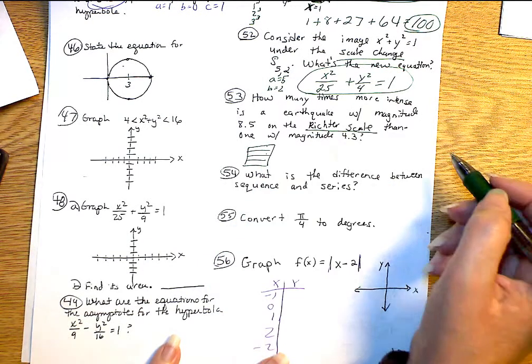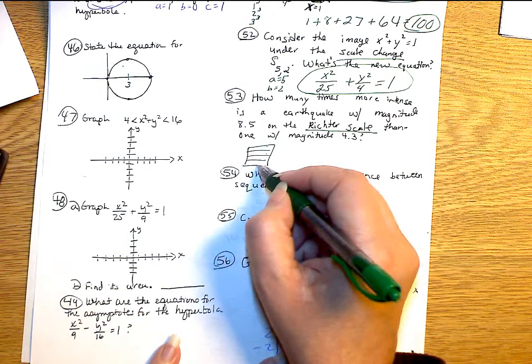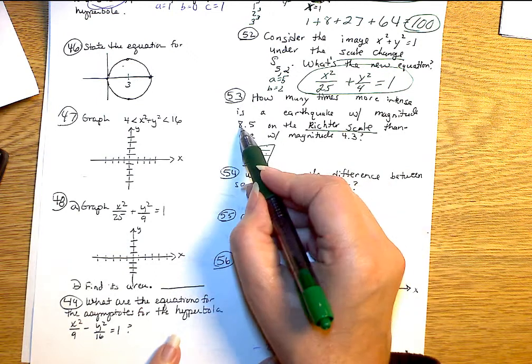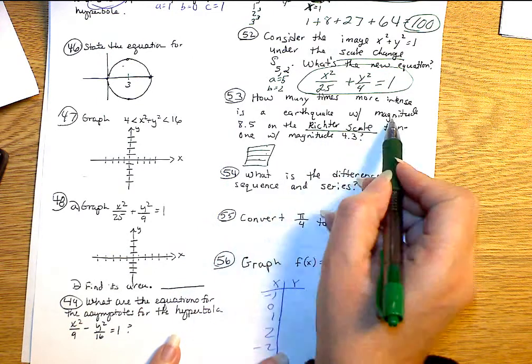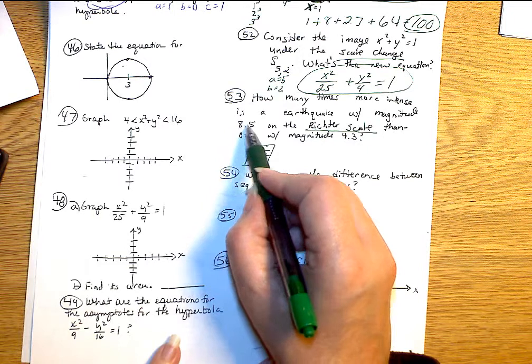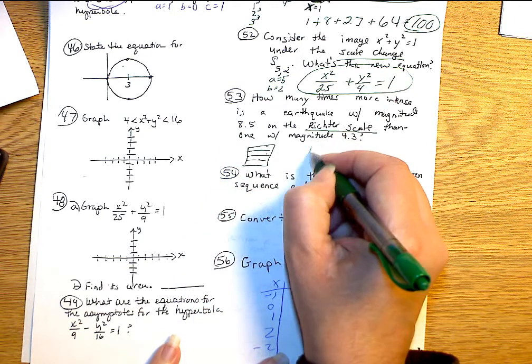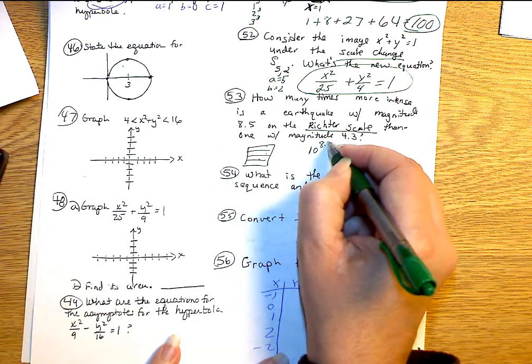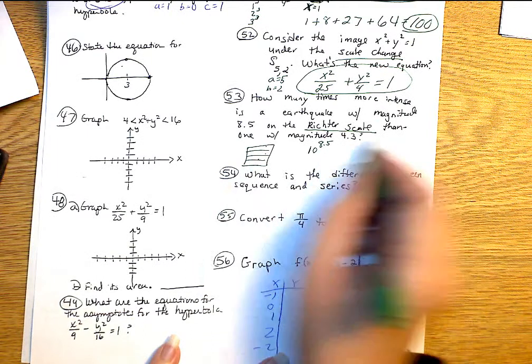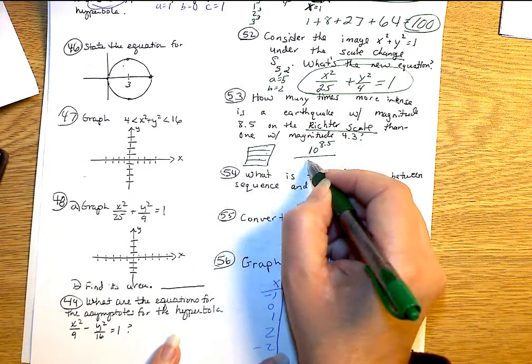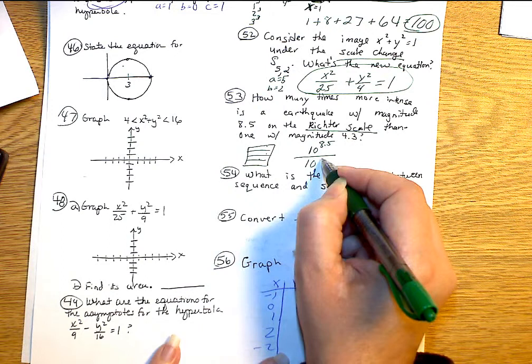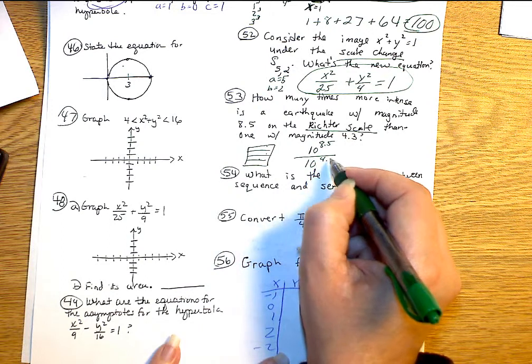Powers of 10, right? So remember that it's going up by 10. If it says a magnitude of 8.5, it's saying 10 to the 8.5. And they want to know what's the difference if they had 10 raised to the 4.3.